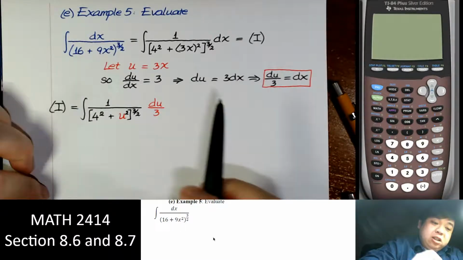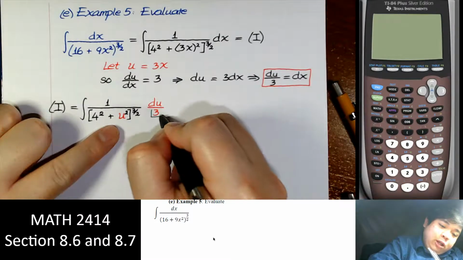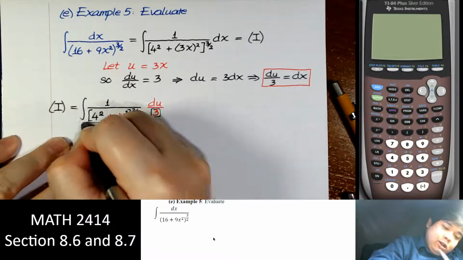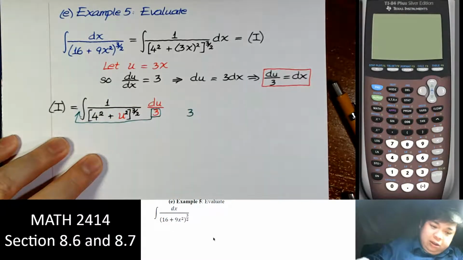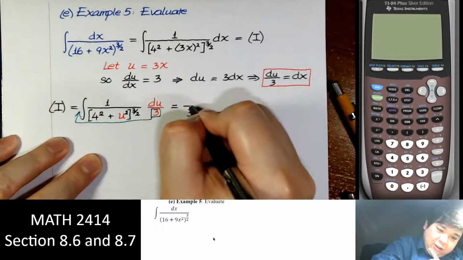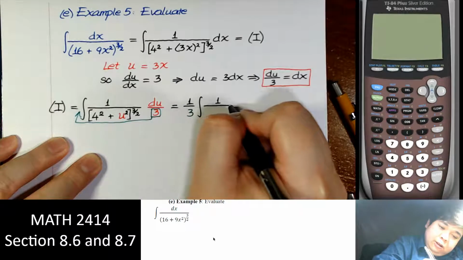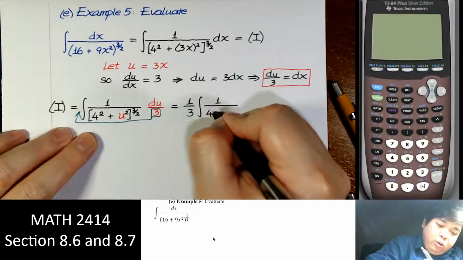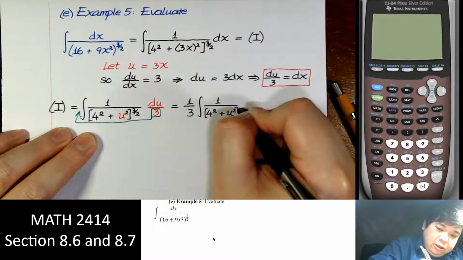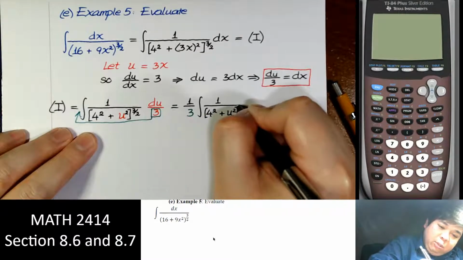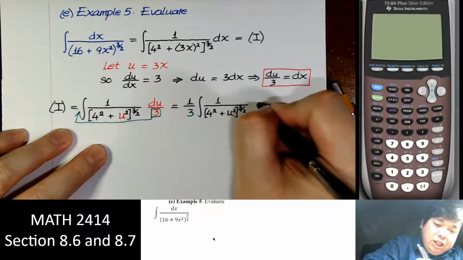So we make that substitution so that we have a variable square here. There's a 3. Take it outside. Stay at the bottom. Here we just have 4 squared plus u squared to 3 half power. Take out the 3, we only have du left.